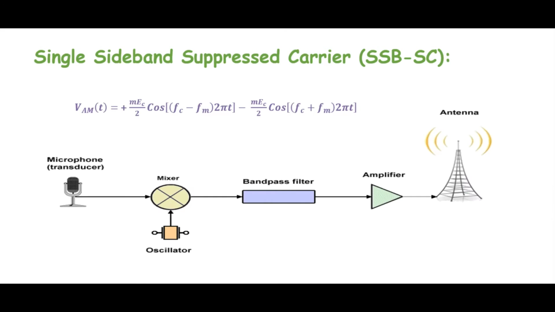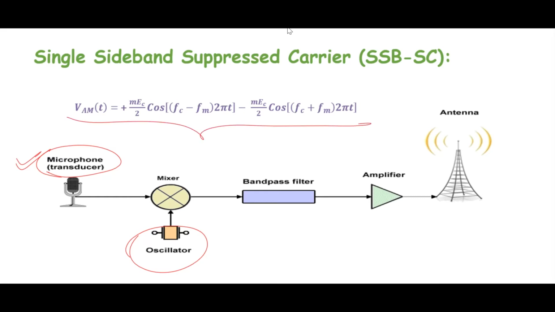For better understanding, let us consider this diagram. Here is your message signal. Here we have oscillator circuitry, and after all that processing, we get the DSB-SC waveform here. This DSB-SC waveform is subjected to a band pass filter. This band pass filter can be tuned either to the upper side frequencies or to the lower side frequencies.